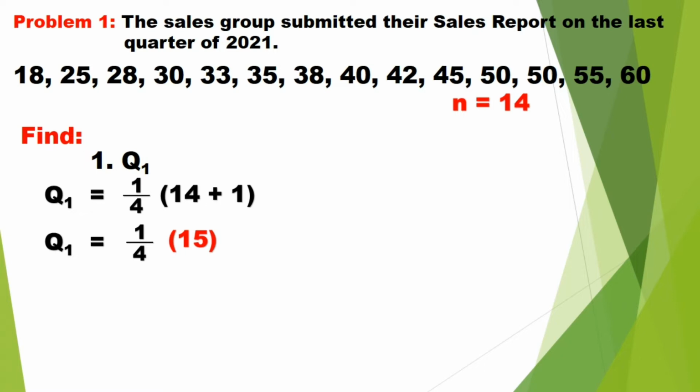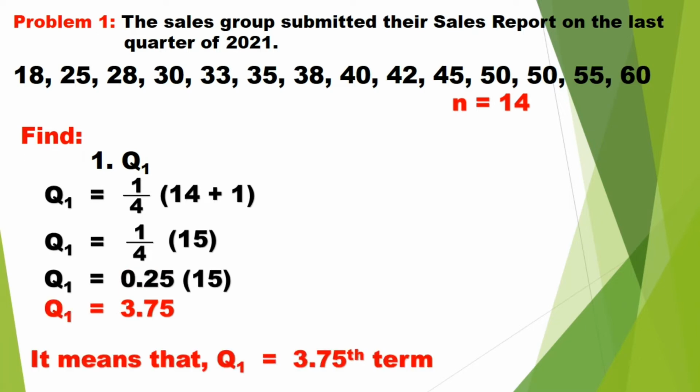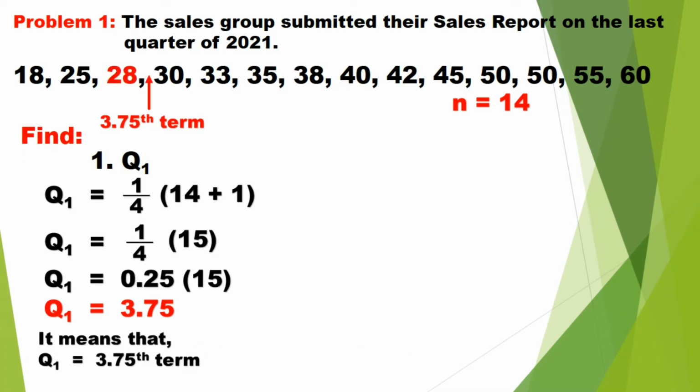Simplify also 1/4 by division. 1 divided by 4 equals 0.25. 0.25 times 15 equals 3.75.